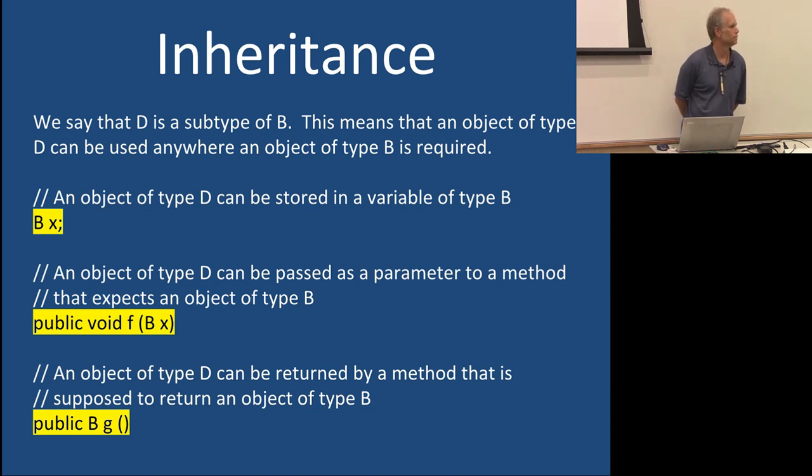But since you're running a D object instead of a B object, the D object has more methods, and more variables, excuse me, so wouldn't it be undefined because... well, okay, let me put it this way. D will have all of B's variables.